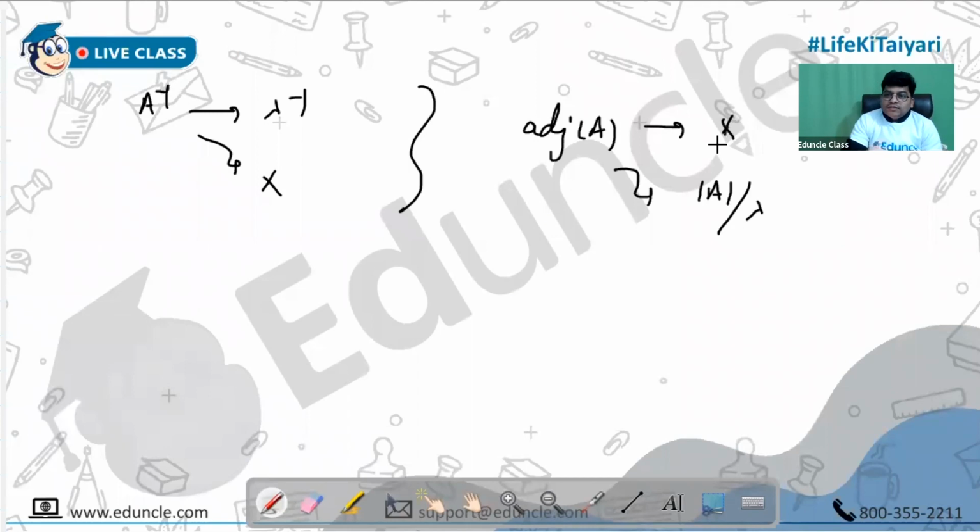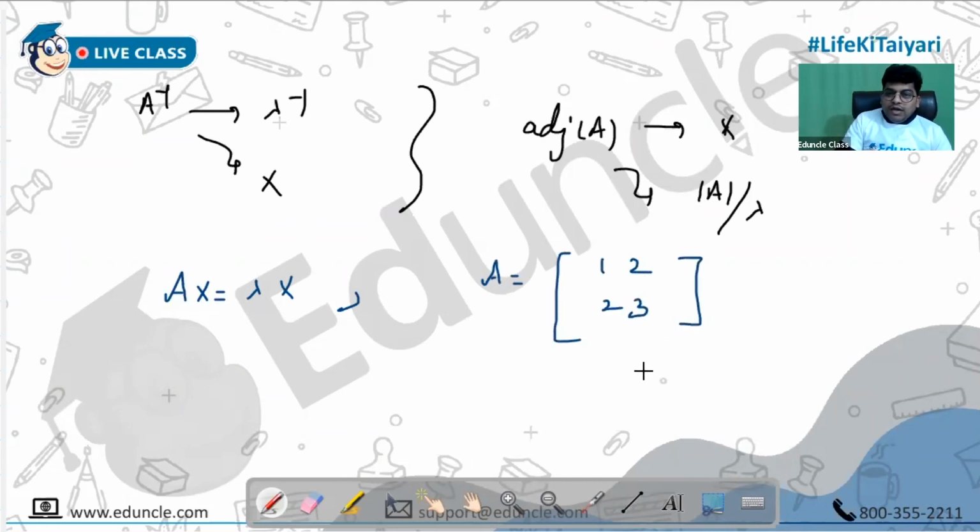If you know how to find the eigenvalues, then how to find the eigenvectors? Eigenvectors come from Ax equals lambda x. Let us consider a simple matrix A, say 1, 2, 0, 0, 0, 1, where lambda equal to 1 is the eigenvalue.